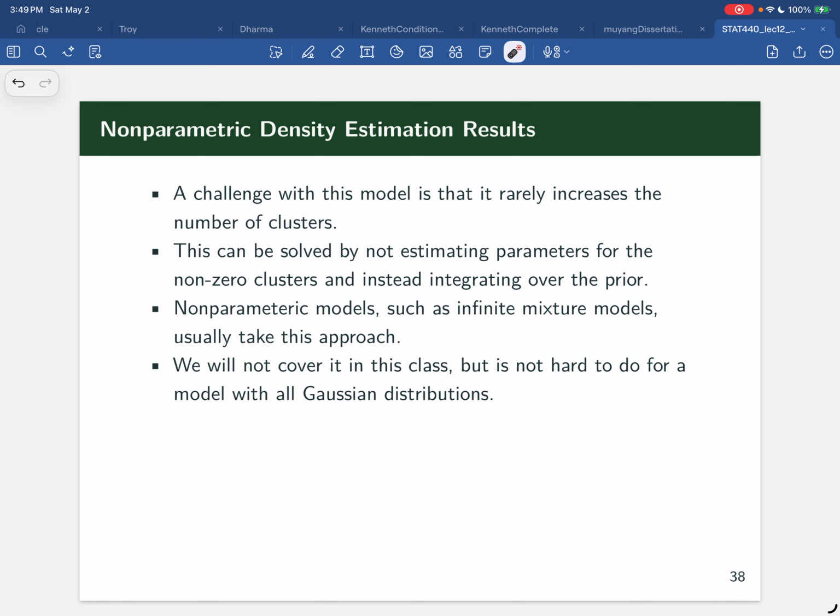This can be solved in a number of different ways. They talk about reversible jump Monte Carlo and stuff like that, which unfortunately we're not going to cover in this class. But I think if the goal was to come up with a flexible density model for this pretty weird set of data, we did that pretty darn well.